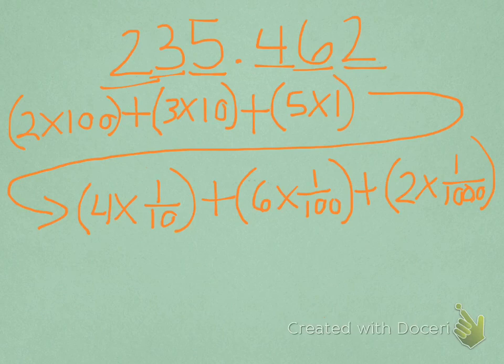Now, if I were to go back and look over my entire expanded form of this decimal, and add all of this up together using our order of operations, my final number would be our original decimal, 235 and 462 thousandths.